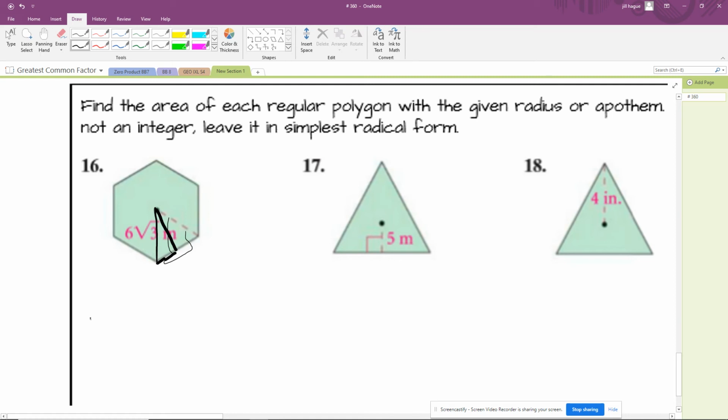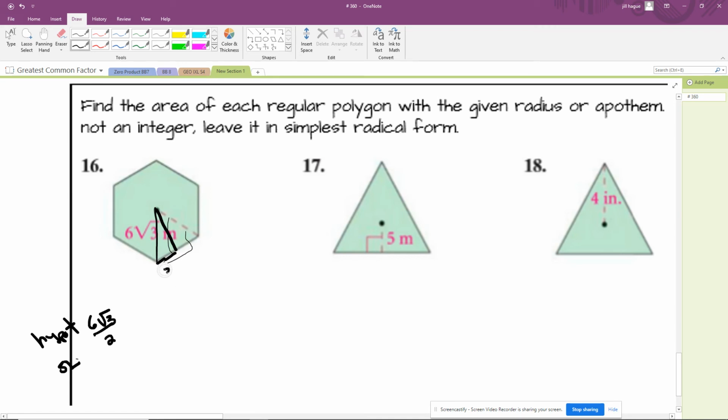And if this is 6 square root of 3 for the hypotenuse, then in order to find the short leg, I'm just going to divide this by 2. Because short leg times 2 equals the hypotenuse, so the hypotenuse divided by 2 equals the short leg.